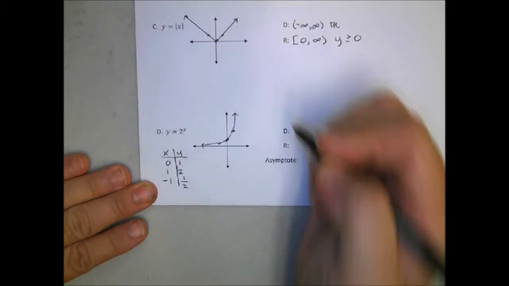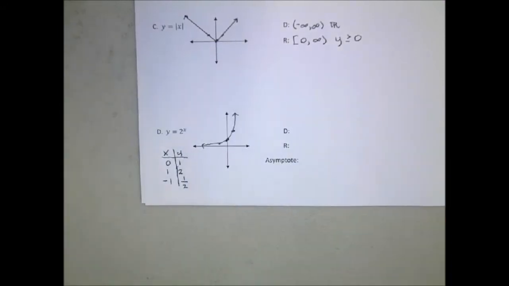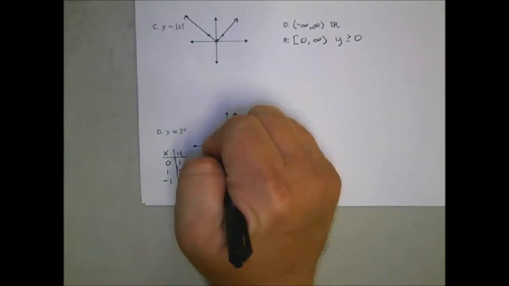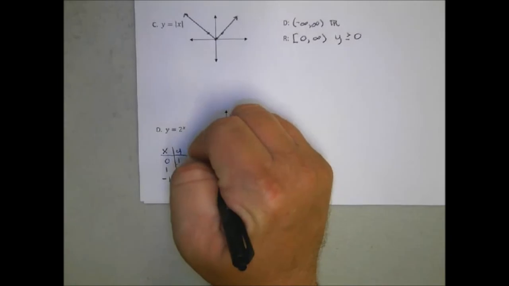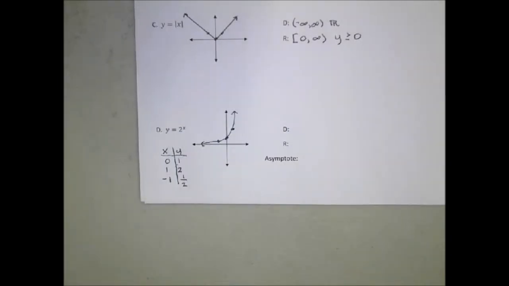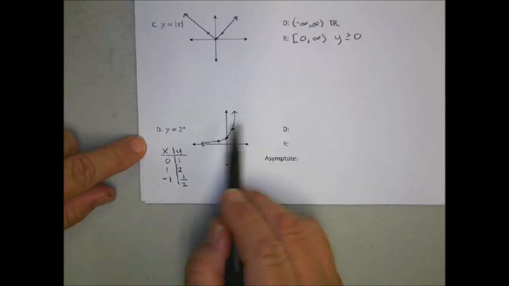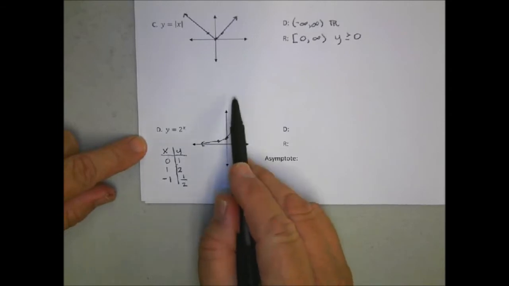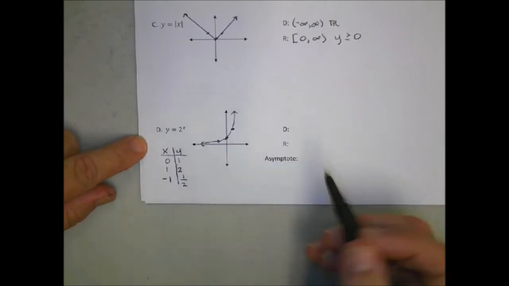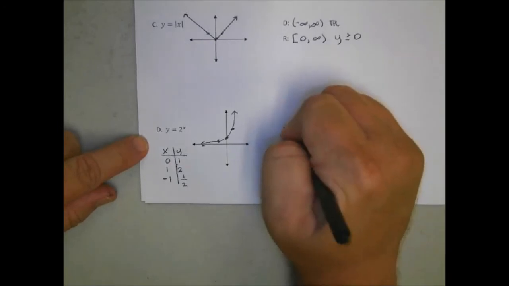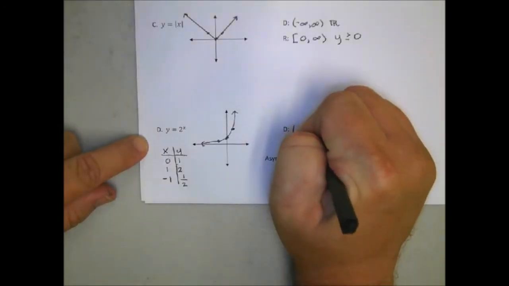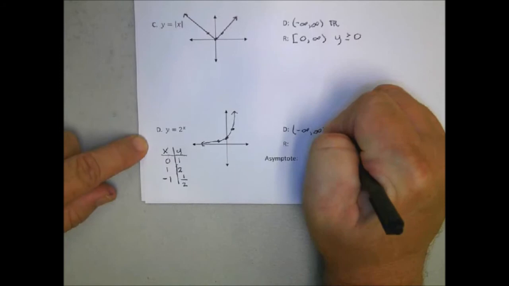It doesn't have a constant slope. But on the left-hand side, it's getting closer and closer to the x-axis, but it's never going to touch that x-axis. So domain, forever to the left, forever to the right, because not only does it go up forever, but it also keeps opening out forever. So negative infinity to positive infinity, or all reals.